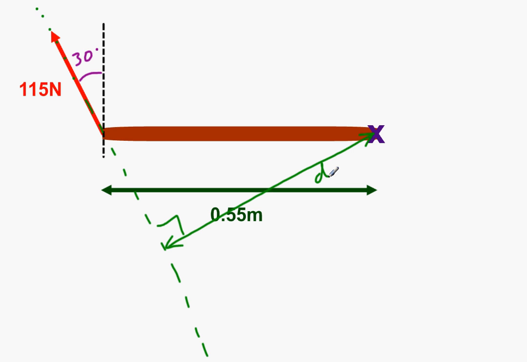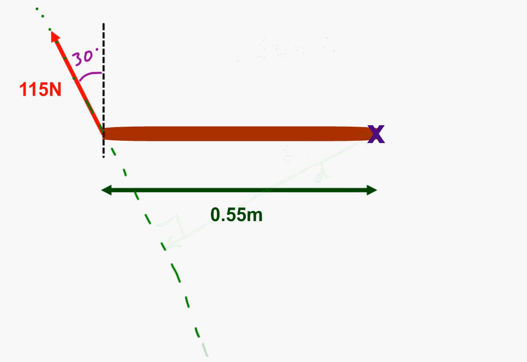Call it D. The moment is then the force, 115 newtons, times the perpendicular distance D. All you've got to do is work out what D is, and you might be able to look at the diagram and perhaps work out what one of these angles is here, call it theta, and then do some trigonometry to work out what D is, and there you are, you'd have the answer.